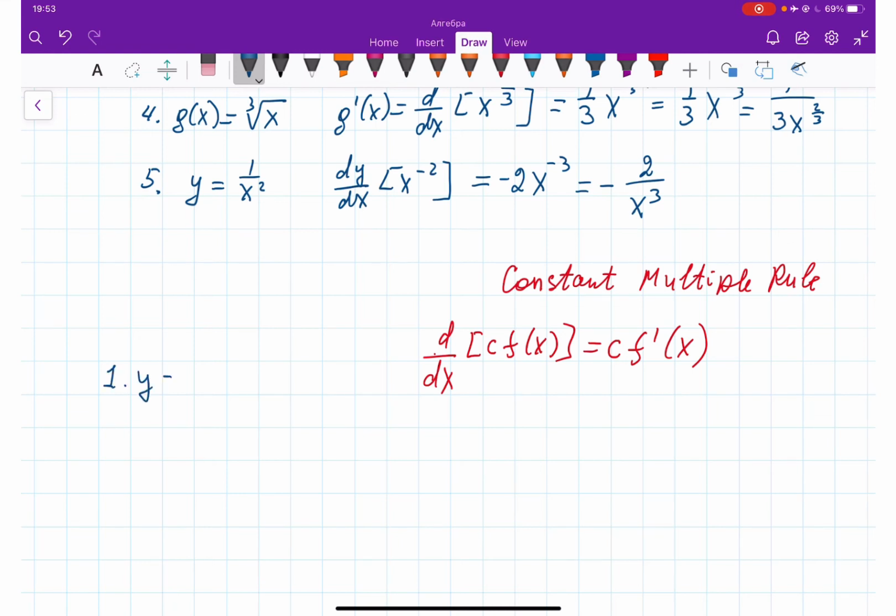y is equal to 5x cubed, which means 5 stays, and we are taking the derivative of x cubed.